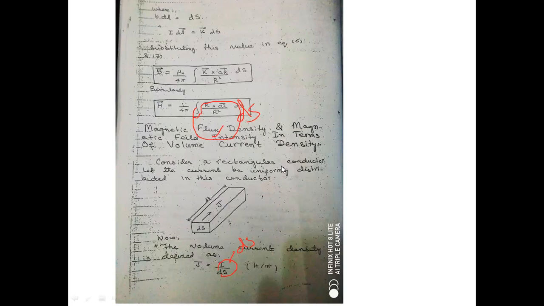So consider a rectangular conductor. Let the current be uniformly distributed in this conductor. Now the volume current density is defined as the current flowing through a surface, I over ds, in ampere per meter squared.